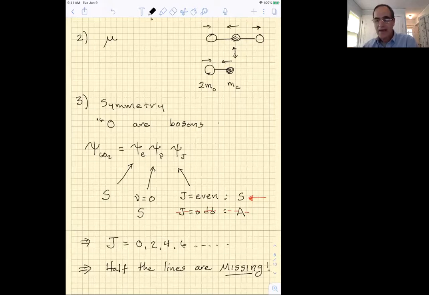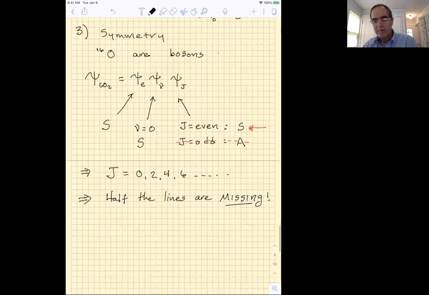Because the molecule can't occupy any initial state that has J equal 1, 3, 5, and so on. Those states simply don't exist for the ground state when the molecule is in its ground vibrational state. Isn't that fascinating?